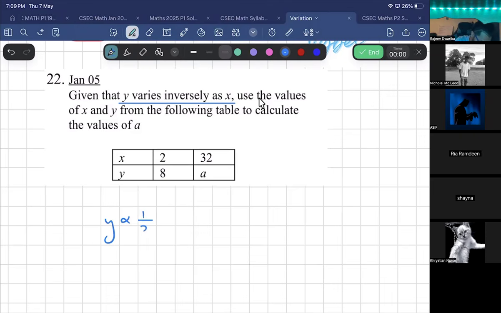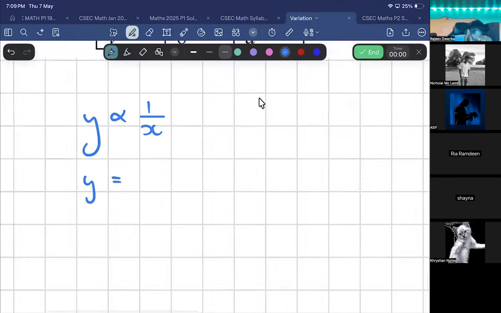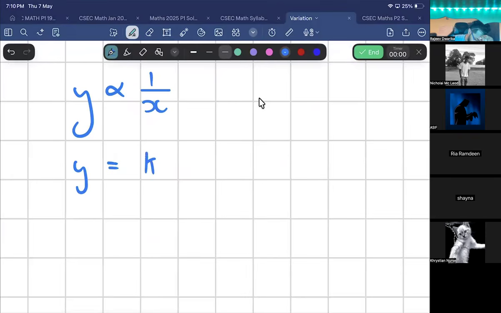In the next line, y is equal to k over x. Yes, k over x.